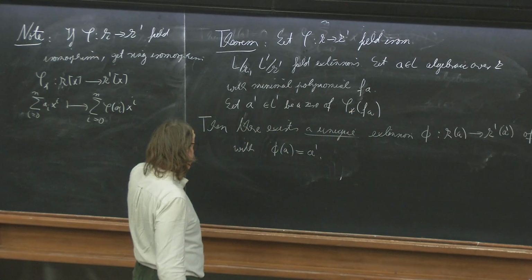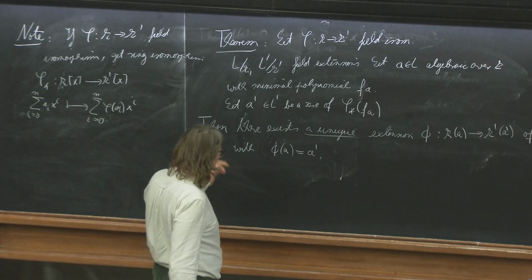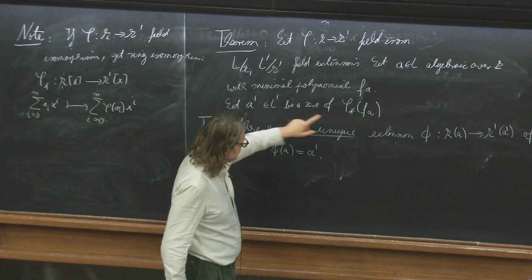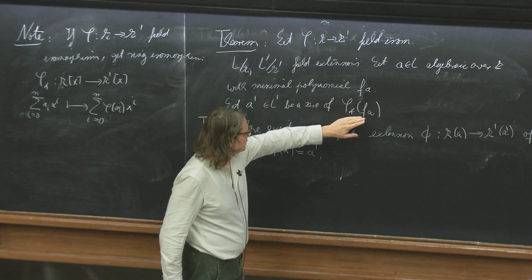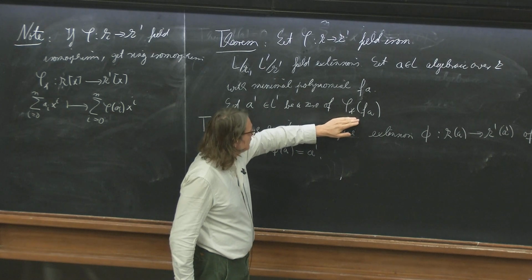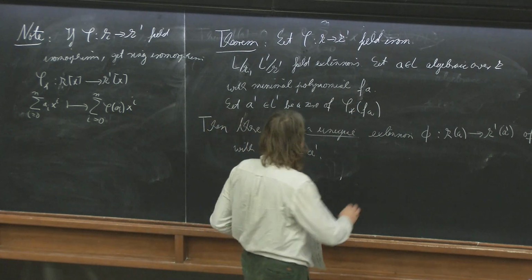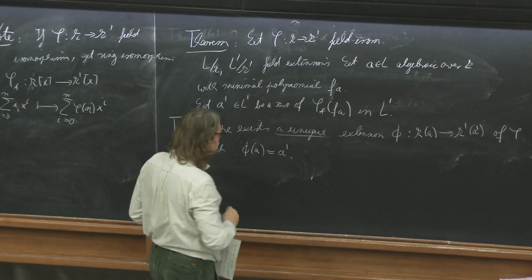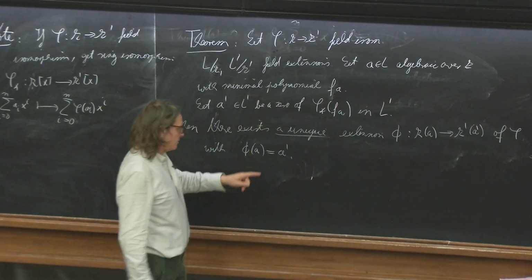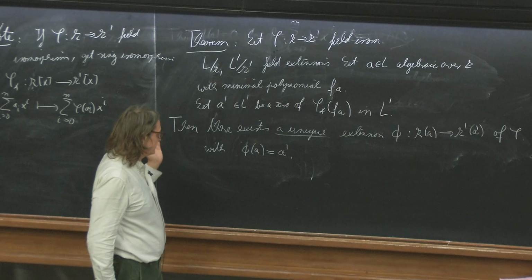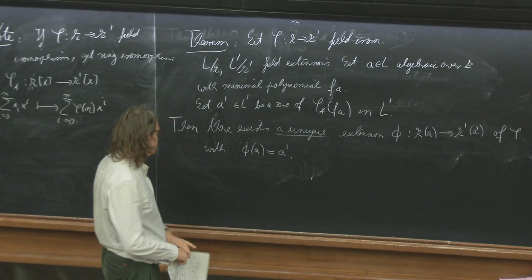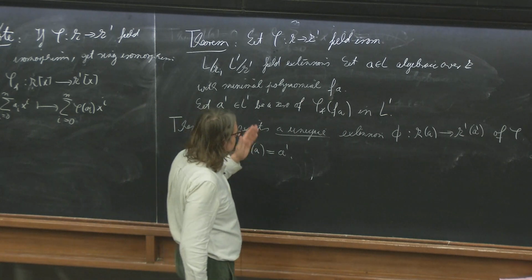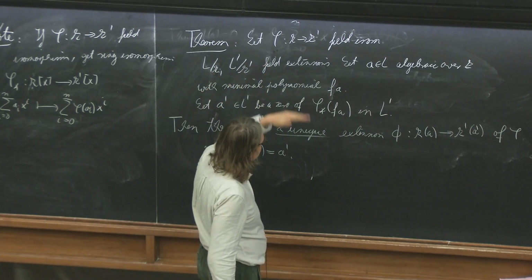We know there exists such an extension for every zero of this polynomial in L'. And there exists one, and it is unique. There's precisely one. The most important case, as I said, is that K is equal to K' and L is equal to L'.